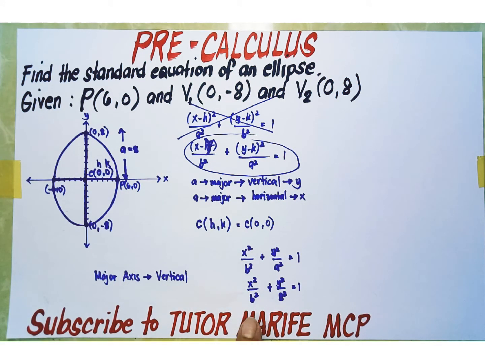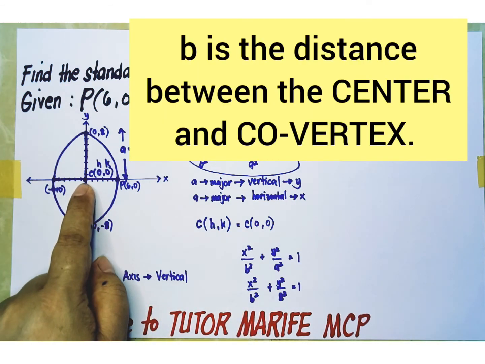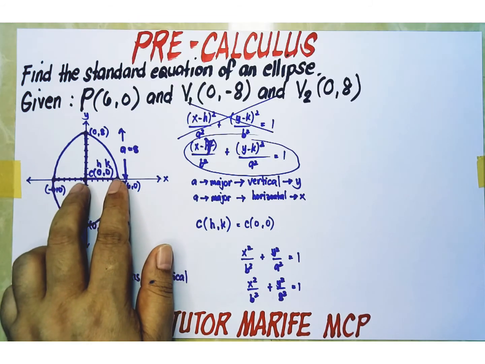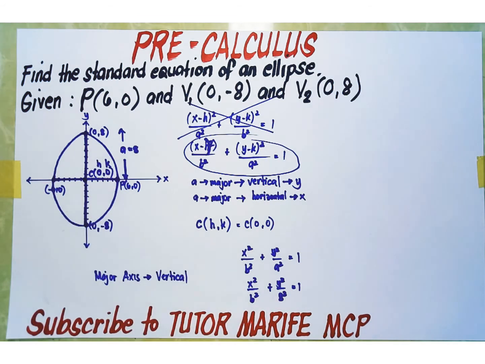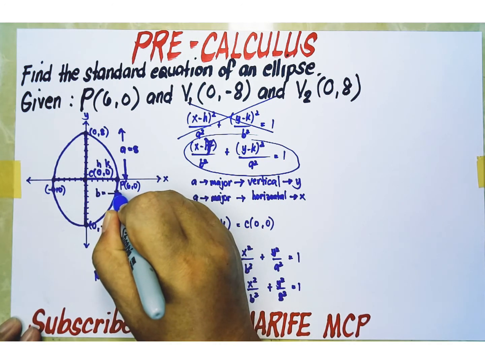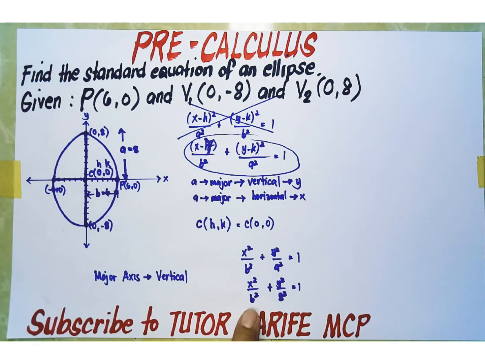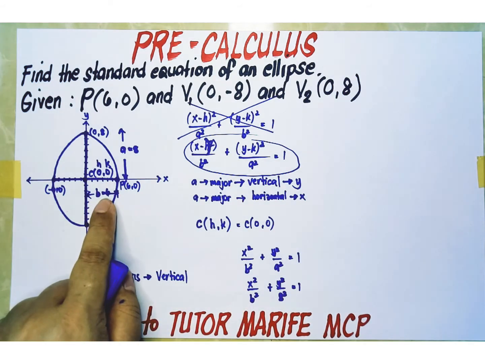Okay? b is the distance between the center of the ellipse and the co-vertex. From this point up to this point is b. And b is equal to 6 units. Therefore, we can now replace the denominator by 36. b squared is equal to 6 squared equal to 36.